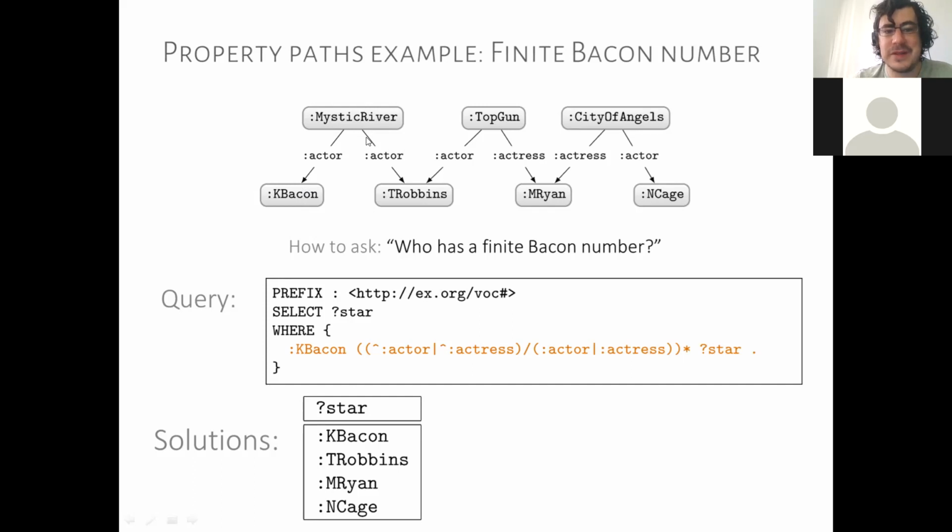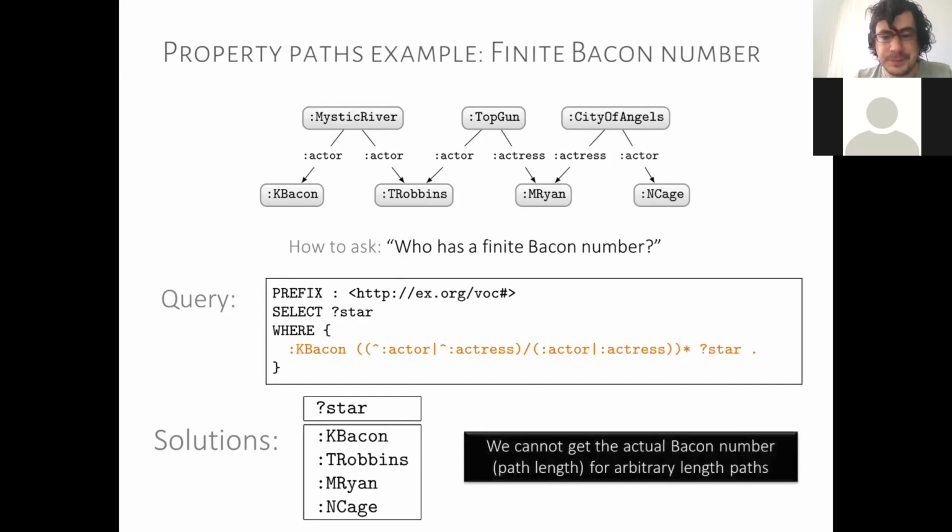So that would obviously start to lead to an infinite number of paths, because we could go Kevin Bacon, Mystic River, Tim Robbins, Top Gun, Tim Robbins, Top Gun, Tim Robbins, Mystic River, Kevin Bacon, an arbitrary number of times. So we solve that problem by returning a set of solutions, just the nodes that are connected by the paths. We know that must be finite because there's a finite number of nodes in the RDF graph. So we can get at most n squared results here.